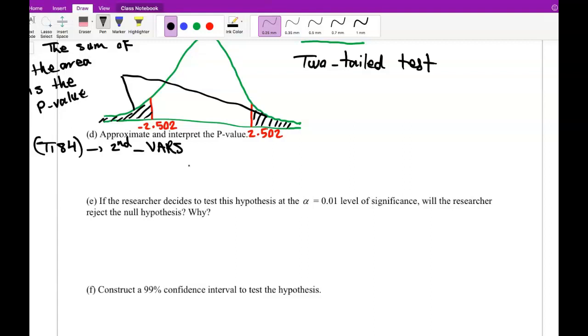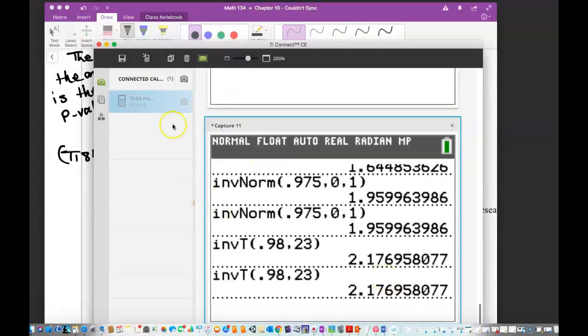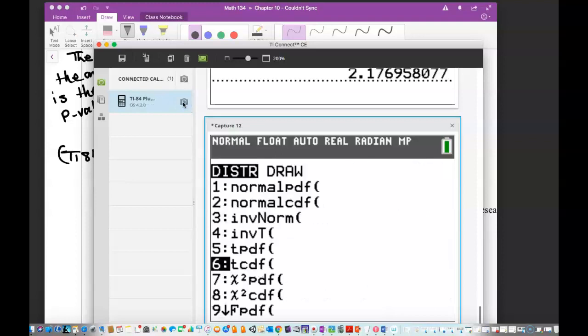Then scroll down, choosing number 6, t distribution, also tcdf. So here is what we have after pressing vars, scroll down, choosing tcdf.